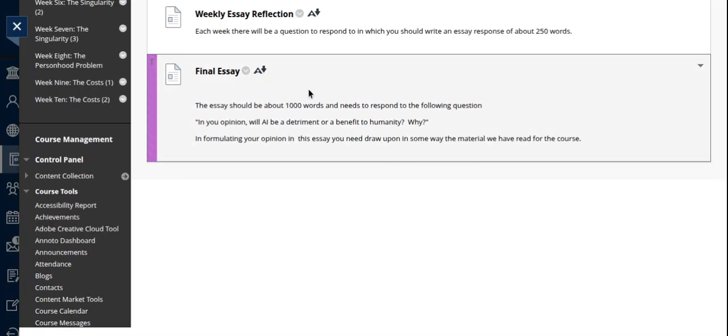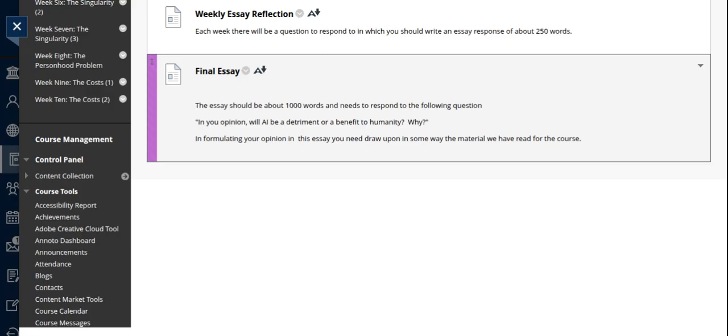And that final essay is simply a 4-page opinion essay that responds to a question about whether the phenomenon of artificial intelligence, which is, you know, questionable in so many ways, will ultimately, in your opinion, be a detriment or a benefit to humanity as a whole, and why. So that is, of course, just an opinion, man, but it's your opinion.